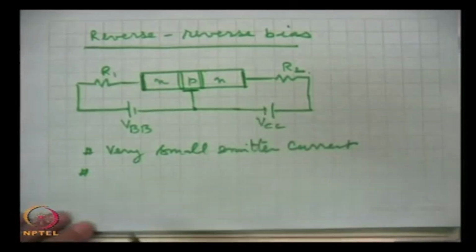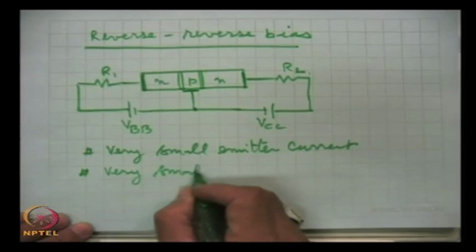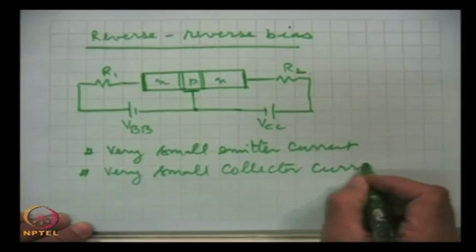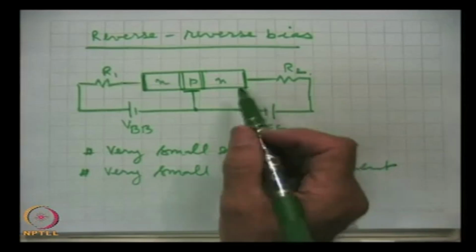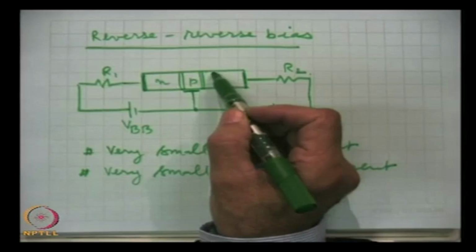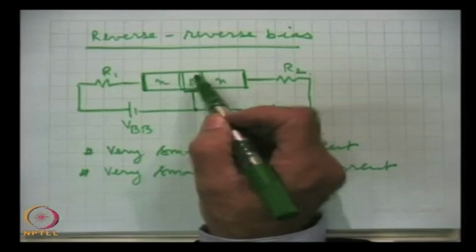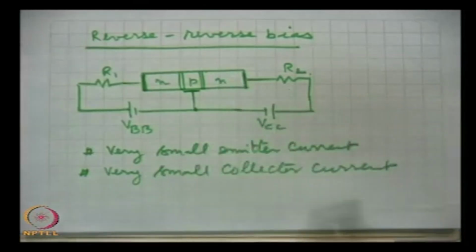So, there will be a very small collector current, which will of course arise because of the minority holes drifting from the collector towards the base and minority electrons drifting from the base towards the collector. So, that will constitute the collector current.